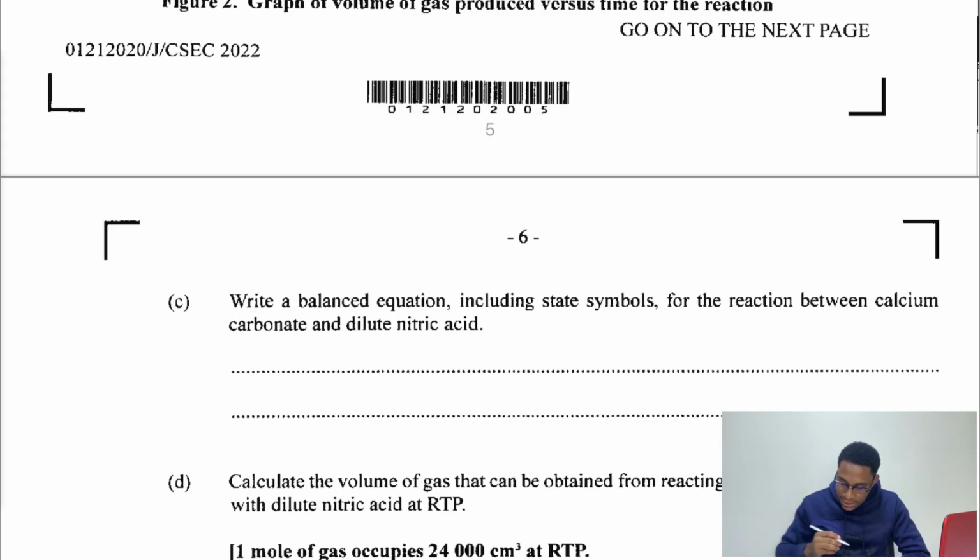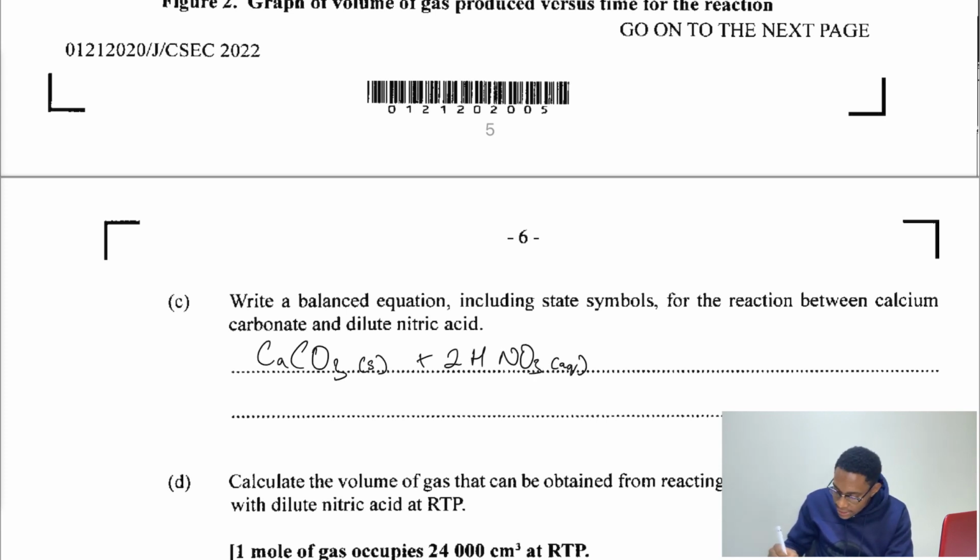All right, so question C asks us to write a balanced equation including state symbols for the reaction between calcium carbonate and dilute nitric acid. So first, let us go ahead and write out our reactants. Here we go. So we have calcium carbonate, and we know that is a solid. We have nitric acid, and that's definitely going to be in aqueous solution.